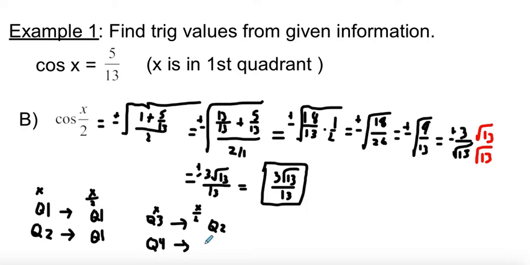So 340, if you think about 340, that would be in quadrant 4. If you took 340 and divided by 2, that is going to give you 170. Yes, 340 divided by 2 is 170. And 170 is up there in quadrant 2.